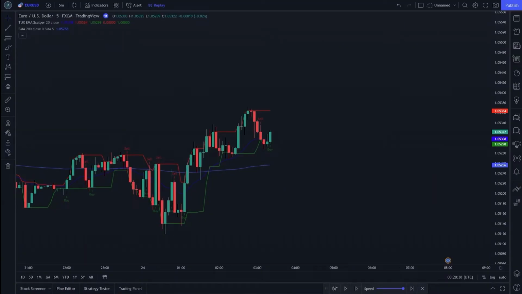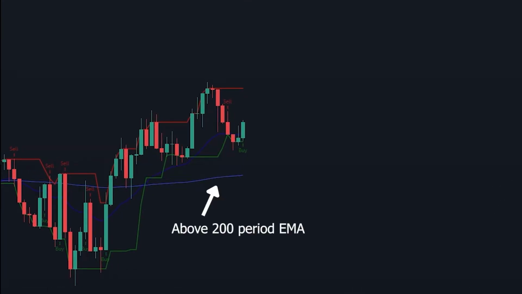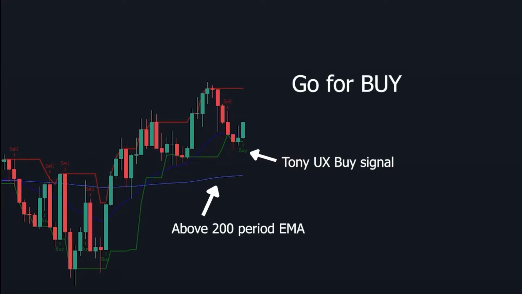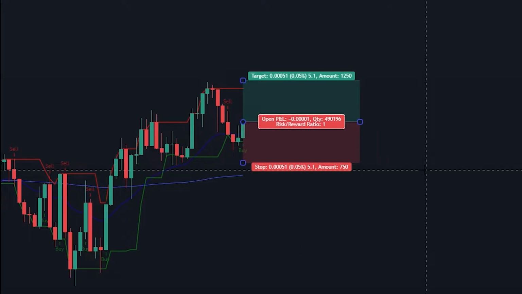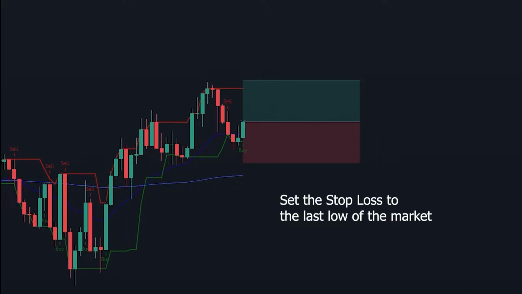Now you can see in the chart. The price is above 200 period EMA and the tonyux Scalper gives the buy signal. You can go for buy or long transaction. Set the stop loss to the last low of the market.